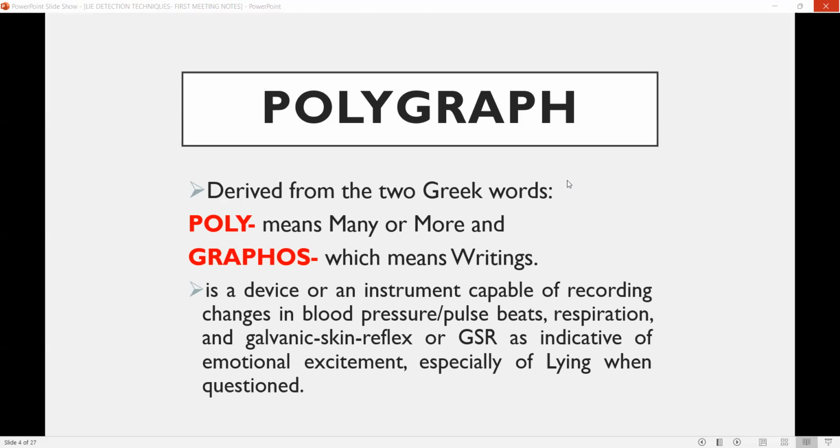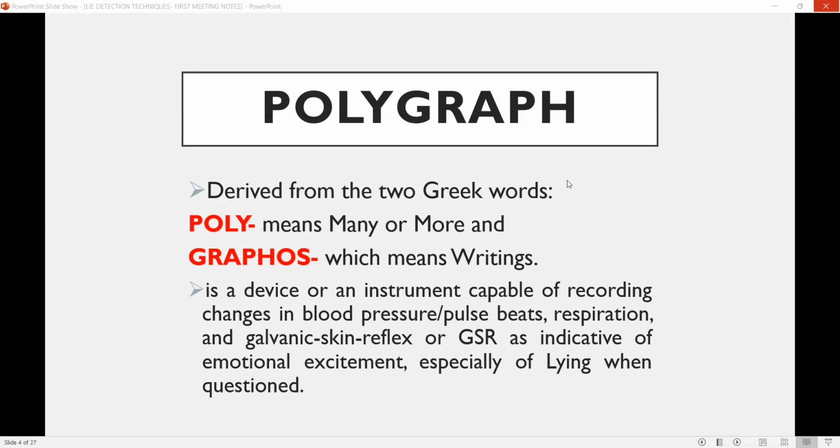So, once the questioning starts, the polygraph machine is on. Then the polygraph examiner asks the subject either relevant or irrelevant questions, and as the questions are asked, the tracings are recorded in the computerized polygraph.